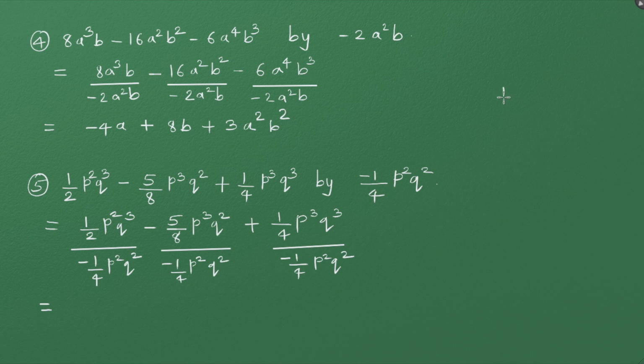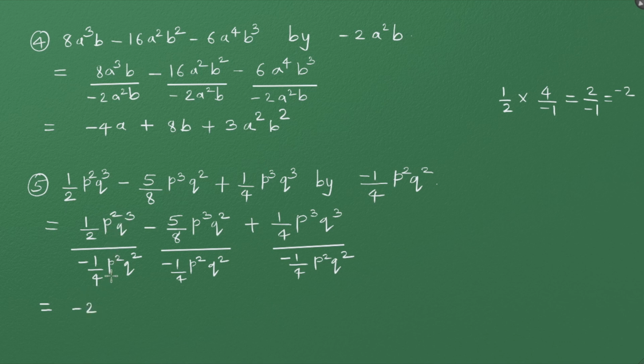The first fraction is 1 over 2 multiplied by the reciprocal of minus 1 over 4 is 4 over minus 1, which equals 2 over minus 1, which is same as minus 2. So here you get minus 2.